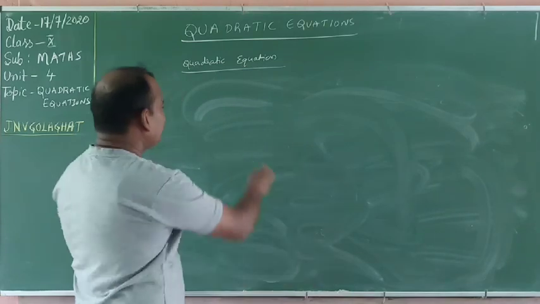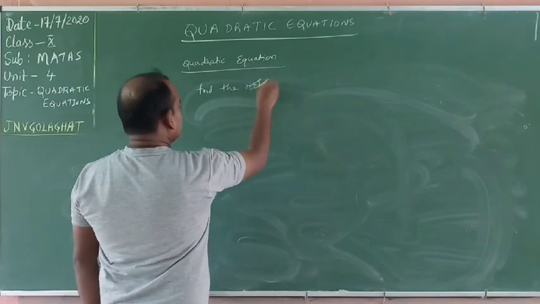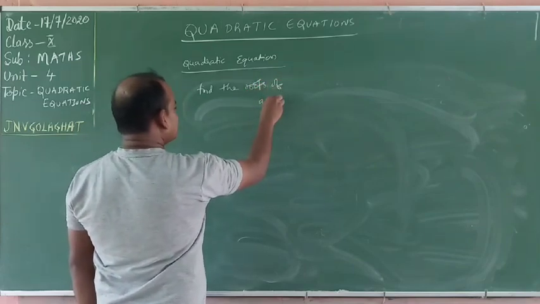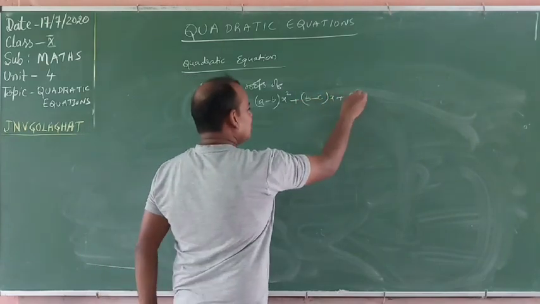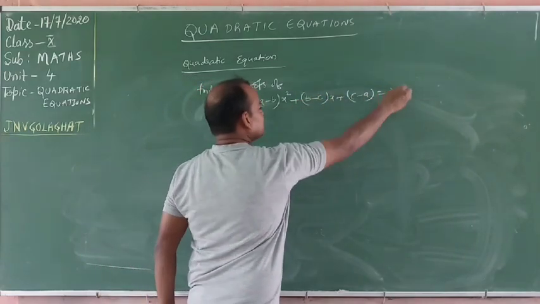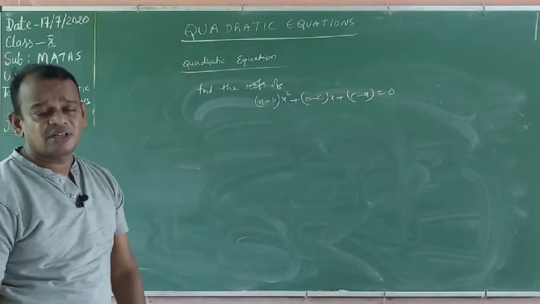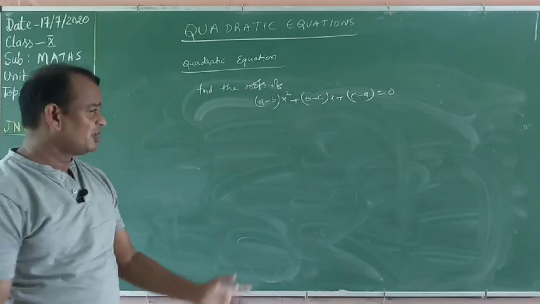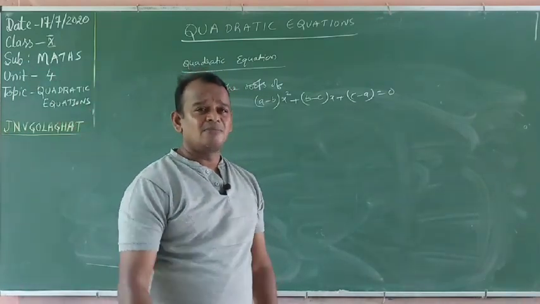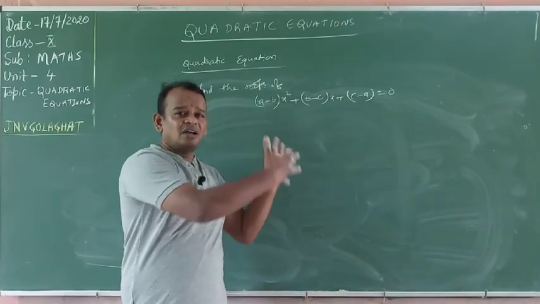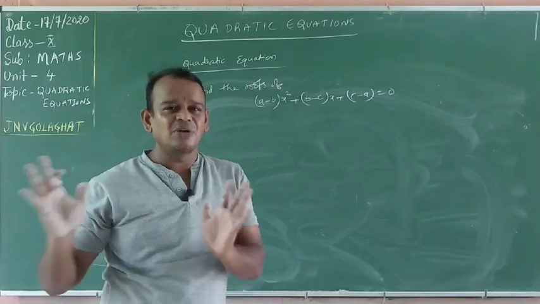Find the roots of, for suppose, a minus b into x square plus b minus c into x plus c minus a is equal to 0. This is the question. Find the roots. How many roots are there? 2 roots. By using the formula x is equal to minus b plus or minus root over b square minus 4ac by 2a. Compulsory, it will require 1 page or 1.5 pages, 100% calculation part is going on.